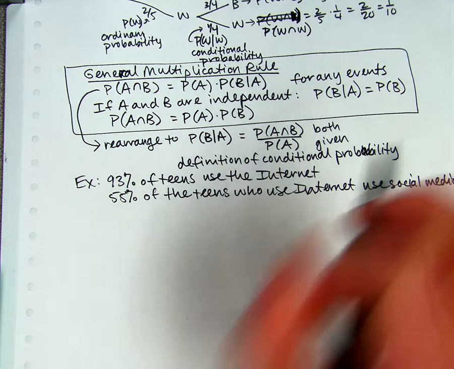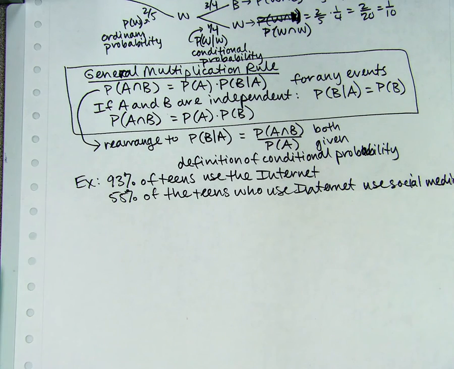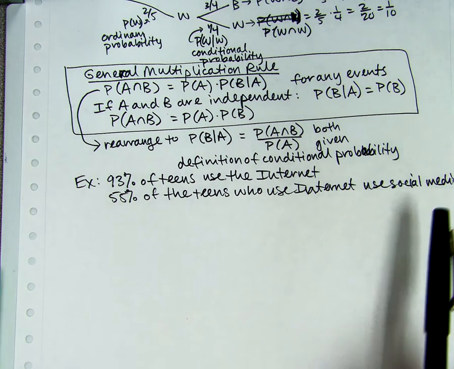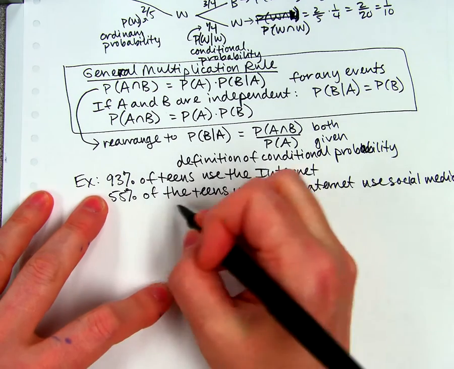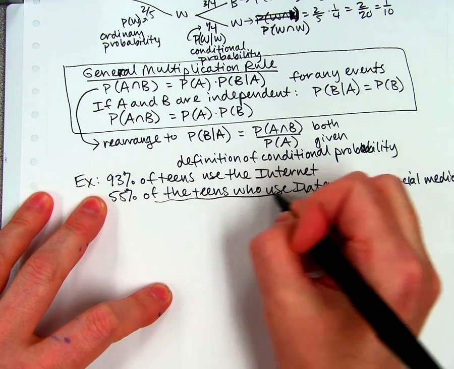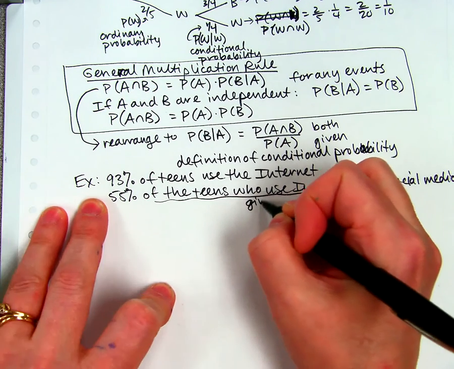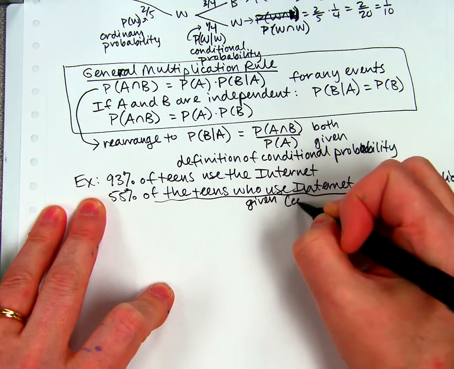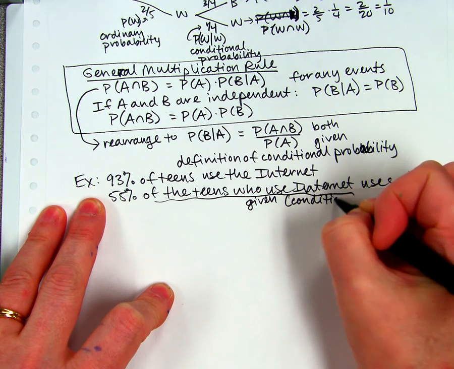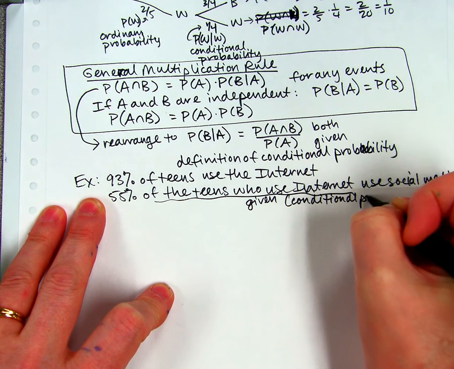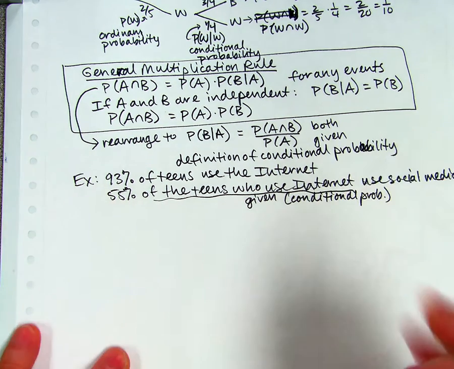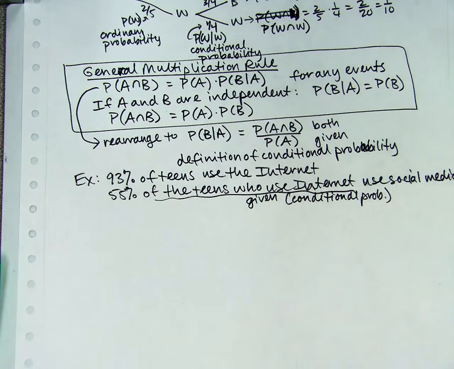So they surveyed these people, asked, do they use internet? Yes or no? And if they used internet, they asked them, do you use social media? Notice this piece of the teens who use internet, that's the given piece because we're dealing with a conditional probability. And then this is the event of interest or whatever you call it.